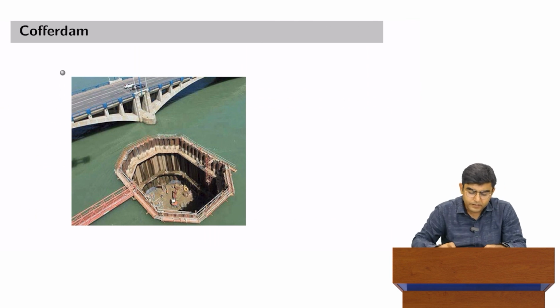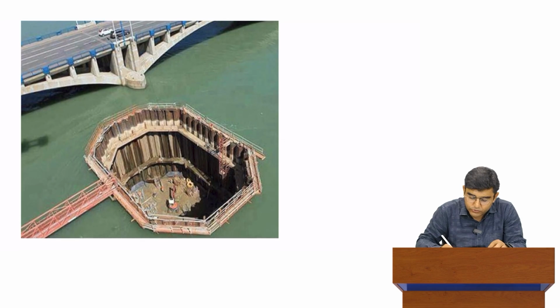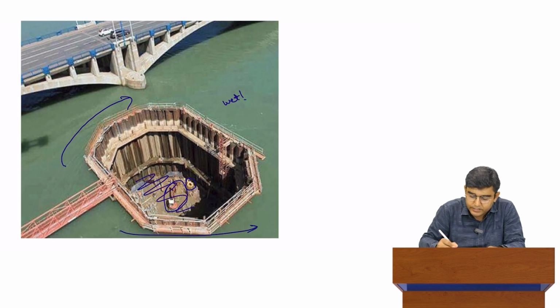If you look at a photograph of a coffer dam, this is a typical photograph where you have a river and some construction work is going on, and in the center you can notice certain machines being placed, and the outside area is completely wet where the river is in full swing. Some diversion has happened around that, and this particular area is fully dry.